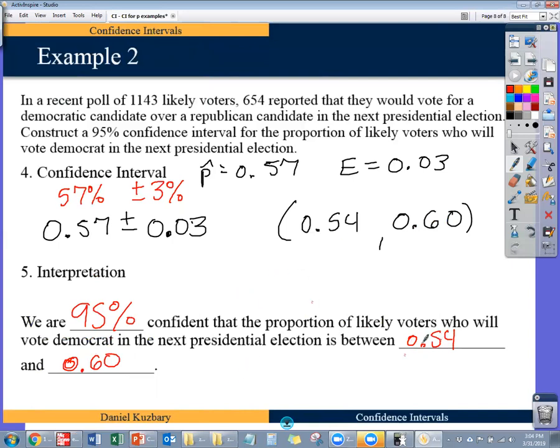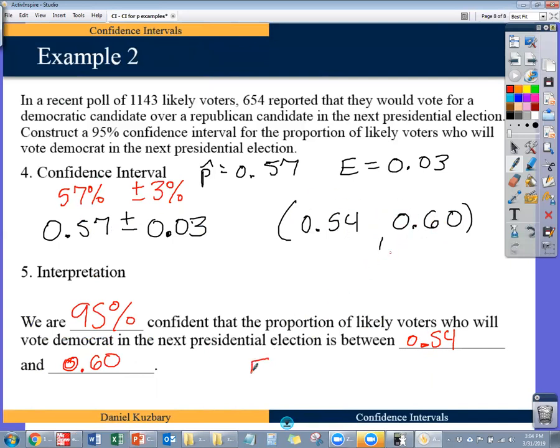So that's nice. What's nice about this is if you're trying to use this data to decide, like right now, is the Democratic candidate going to get elected in this area or wherever we polled, this confidence interval, both of these endpoints and everything in between is well over 50%, right?